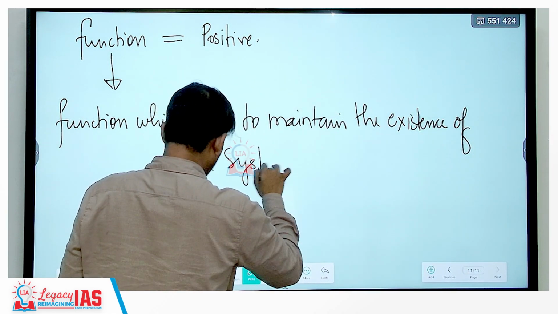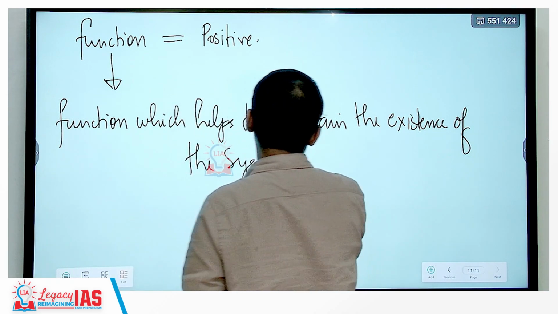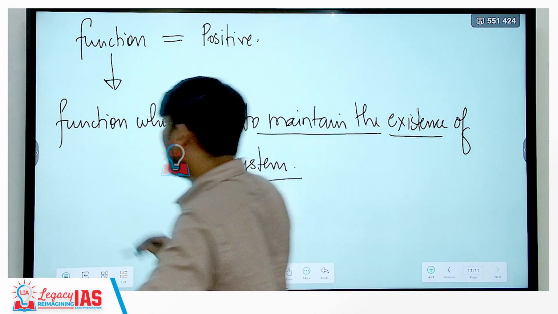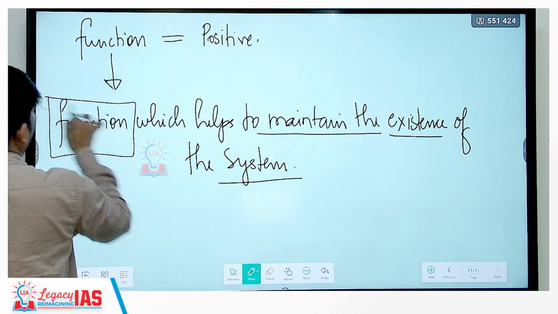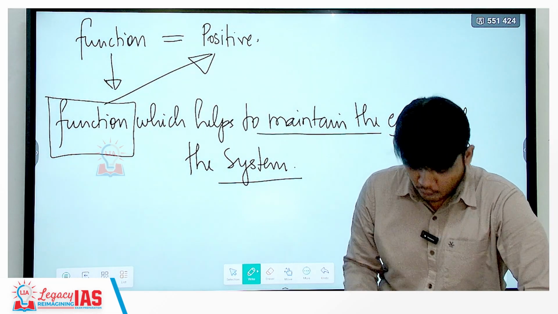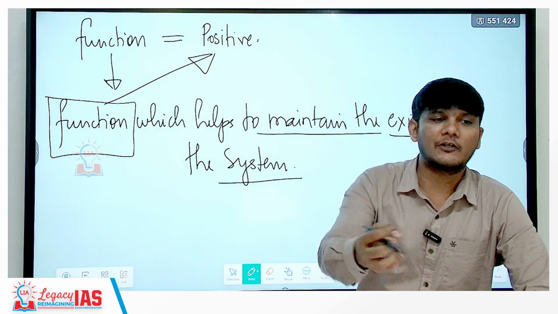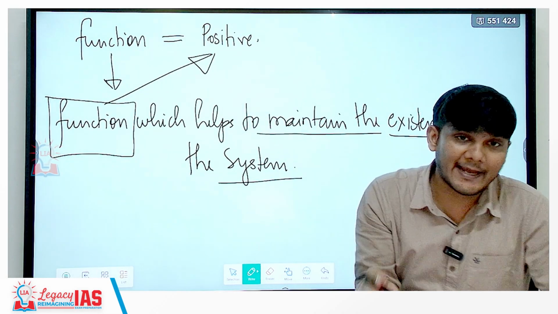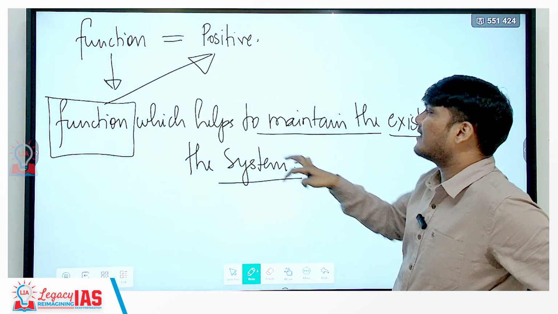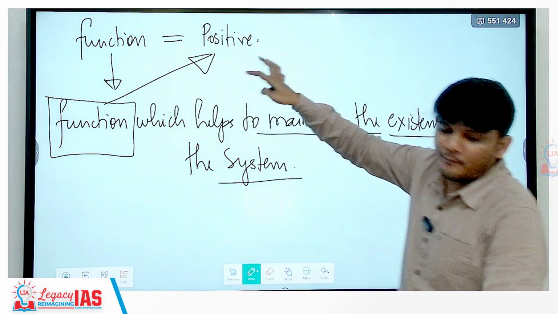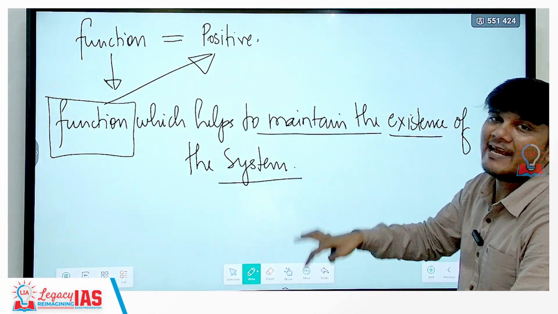If these things help to maintain the existence of a system, then these functions have to be positive only. You cannot be talking about negative functions which are going to destroy. No, the functionalists would argue that even those help maintain the system, and since these functions maintain the system, that is the positive element they have.